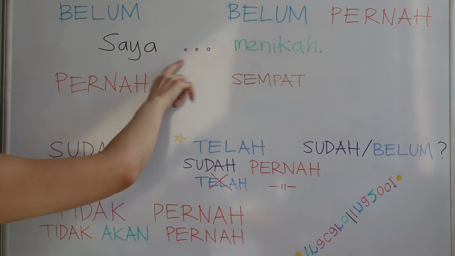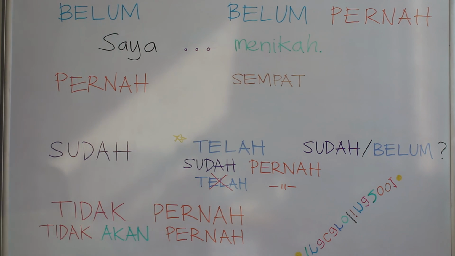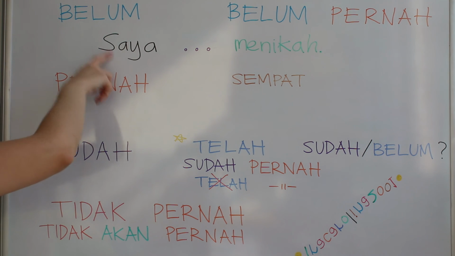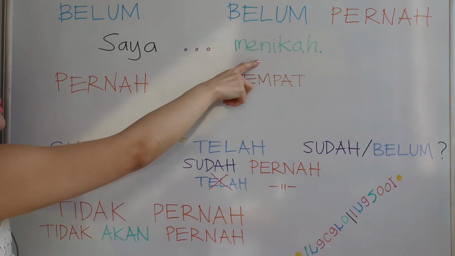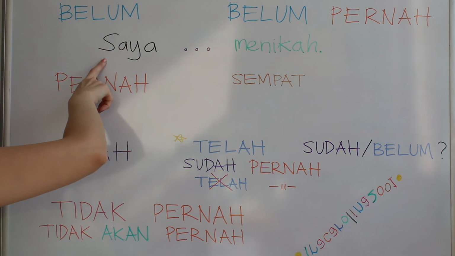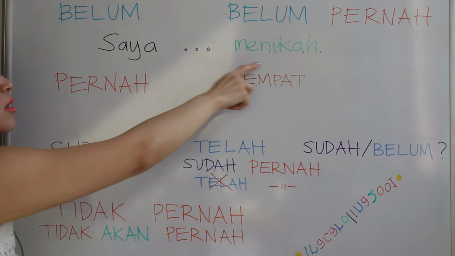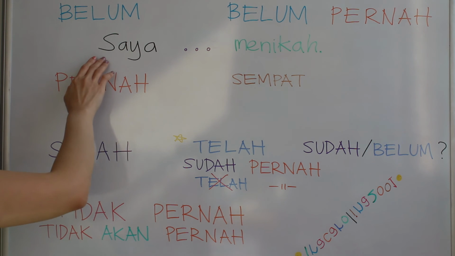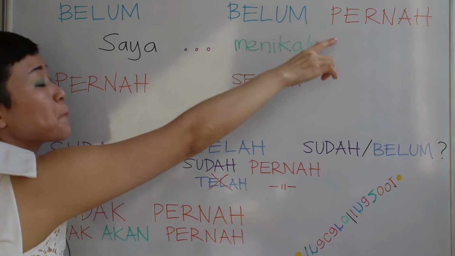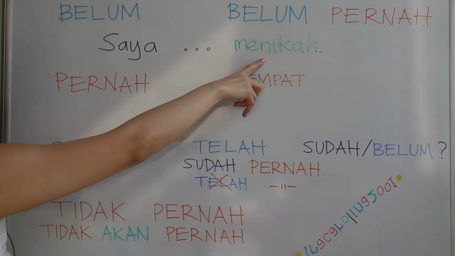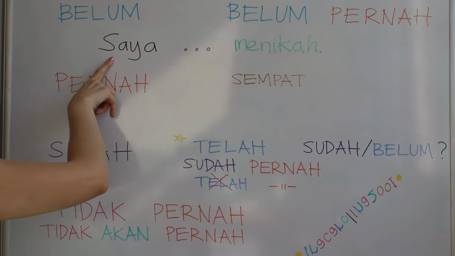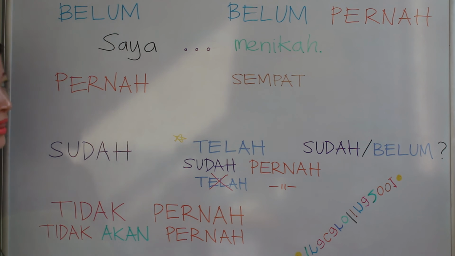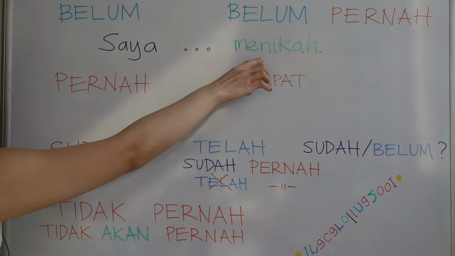Saya belum menikah. I am not yet married. Saya belum pernah menikah. I am not yet, or never, married.